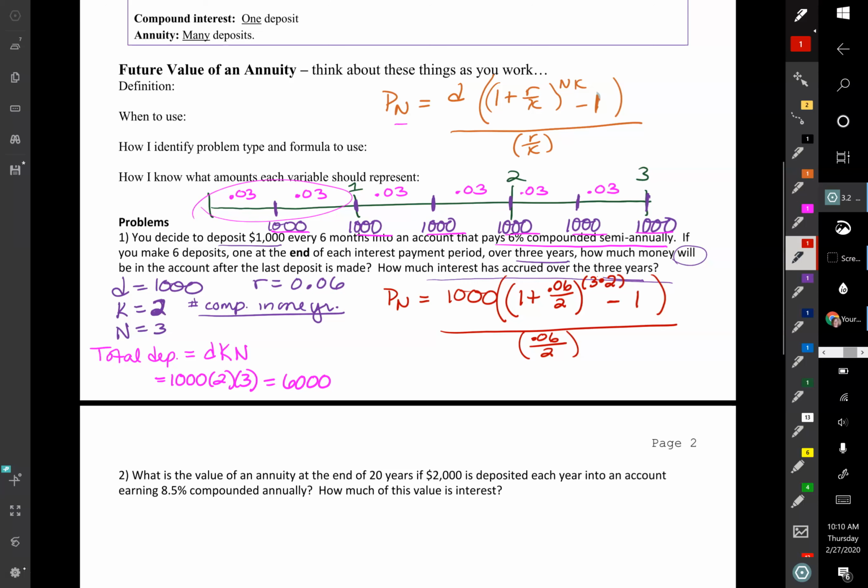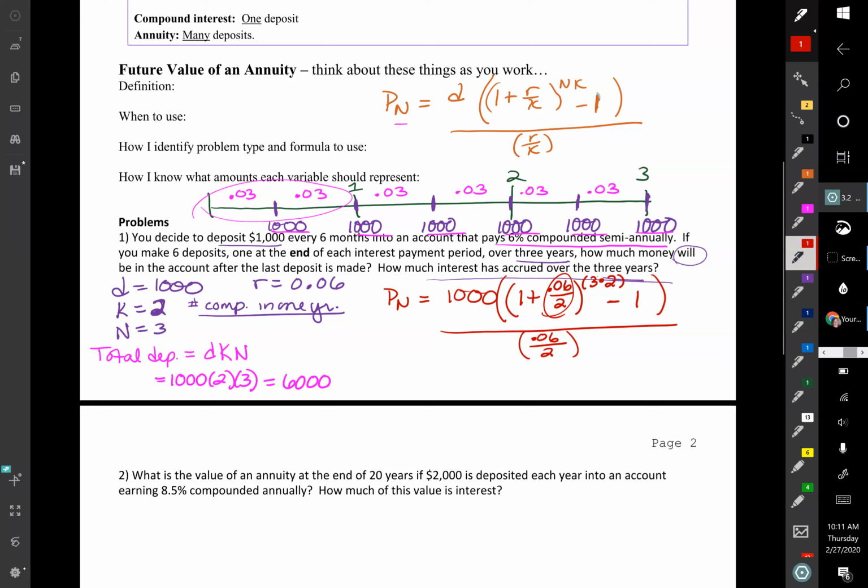And if I were typing this in a calculator, even though you can't see it, I'll tell you what I'm doing. I'm going to start here with my fraction, because if it doesn't terminate, I want to try to keep everything in my calculator. So I'm going to go 0.06 divided by 2. This one does terminate, so it's fine, but then plus 1.